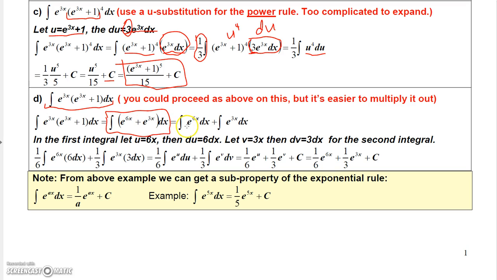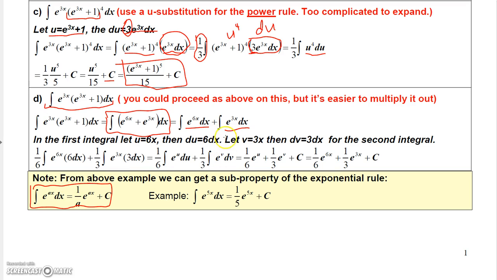Well, it turns out that if you want to integrate e to the 6x dx, and you want to integrate e to the 3x dx, there's actually a little formula you could remember if you wanted to. E to the ax dx is 1 over a e to the ax plus a constant.